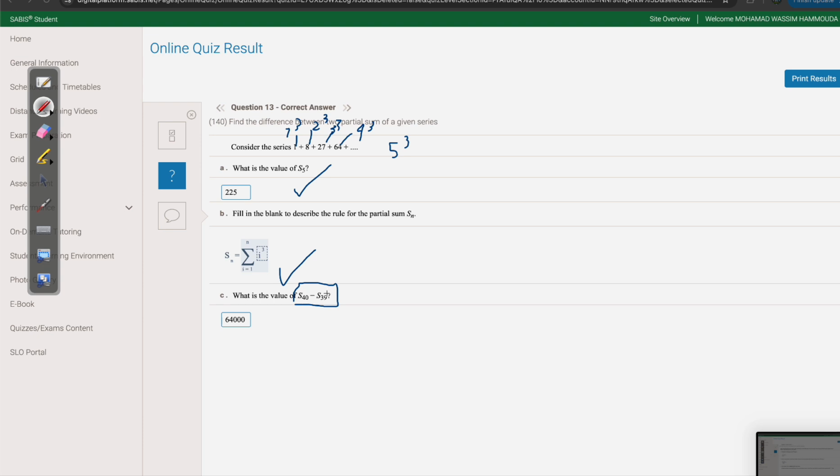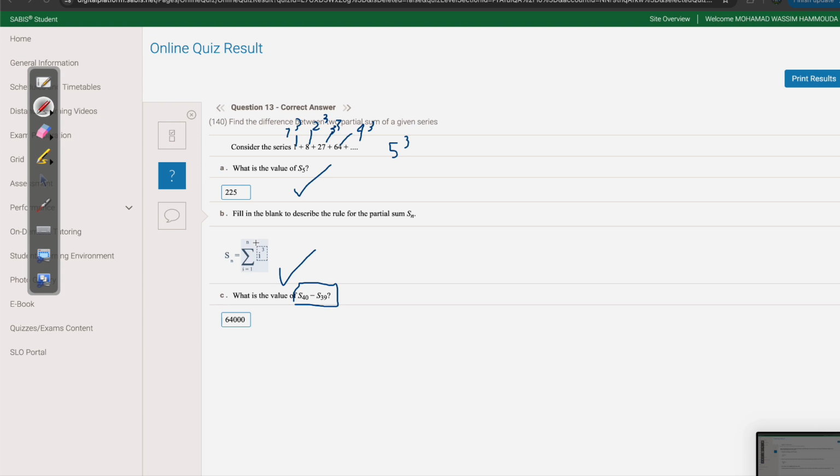Since they mentioned S, which is the sum, we're going to do the summation. x is 1 to 40. You're going to put x cubed like we found in part B, right?